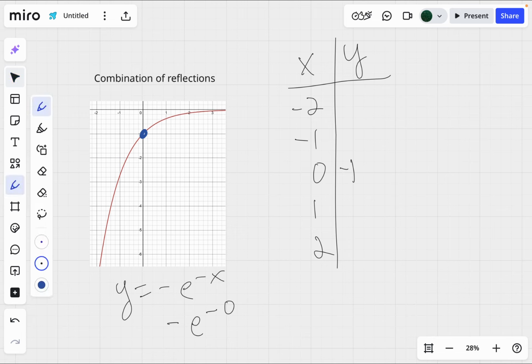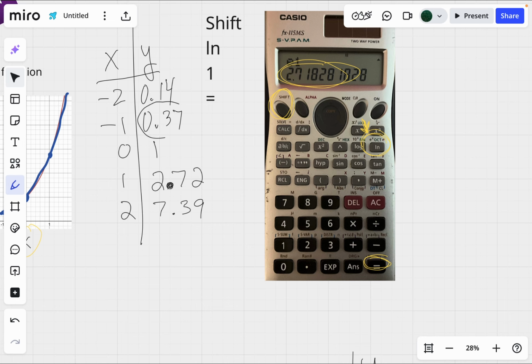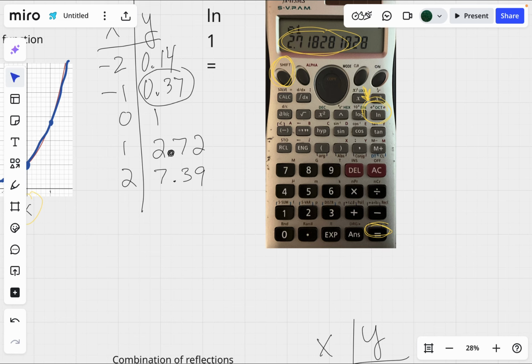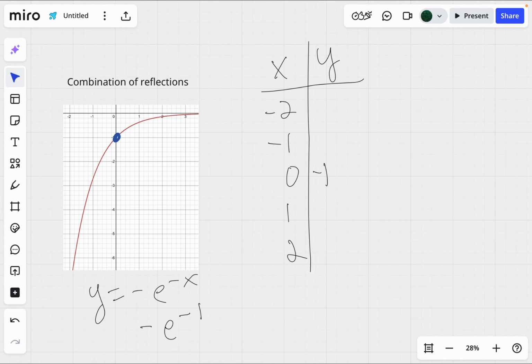That way you can see what's happening. I put the 1 here. So now this is actually e to the -1, which we had right here. And we have to multiply that by a -1. So we have a -0.37.